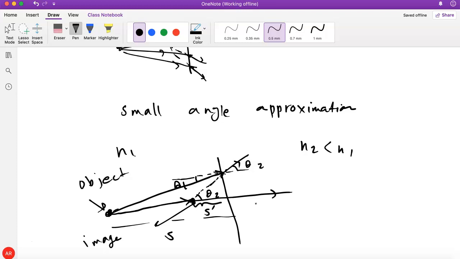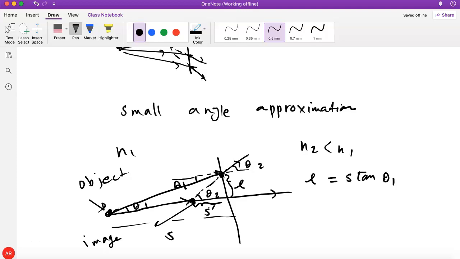So how would I find it? Well, technically, if you want to write exact expressions, let's say that distance is L. L is going to be S tangent theta 1. Right, so here I have theta 1. So L over S is tangent of theta 1. So L is S tangent theta 1.